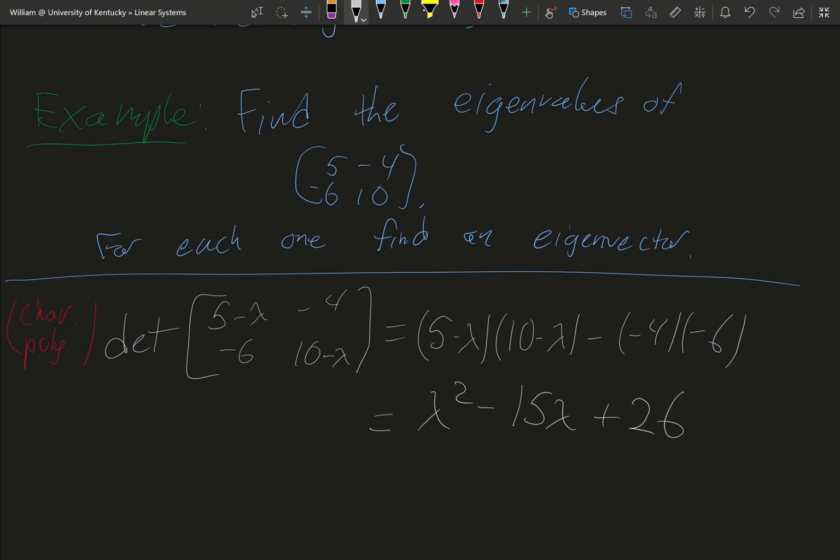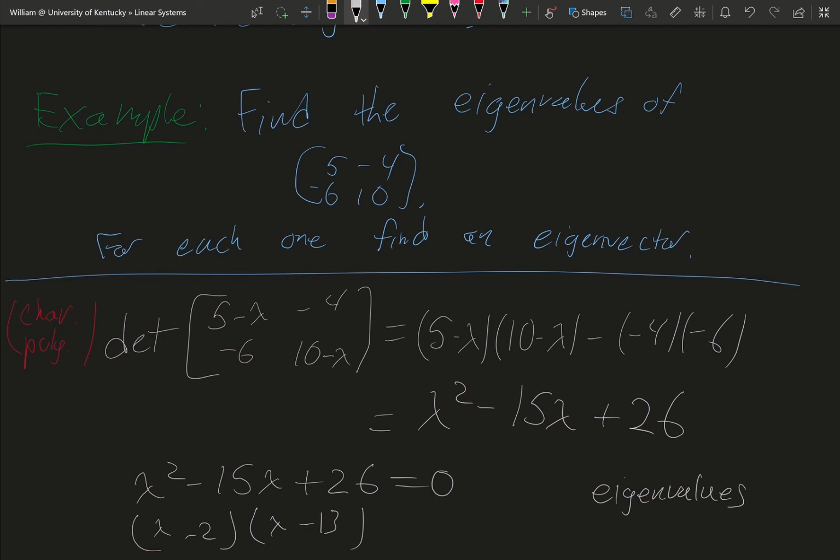So this is our characteristic polynomial. We now want to set this equal to 0. With a little bit of work, we can factor it as (lambda minus 2)(lambda minus 13). So now we have our eigenvalues of 2 and 13.